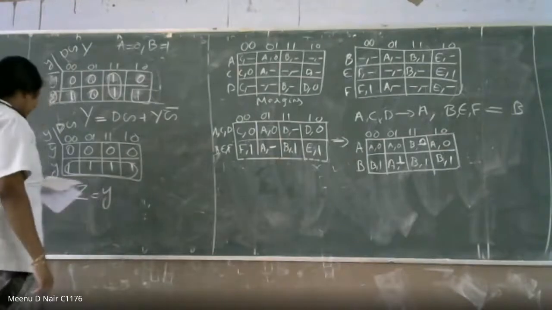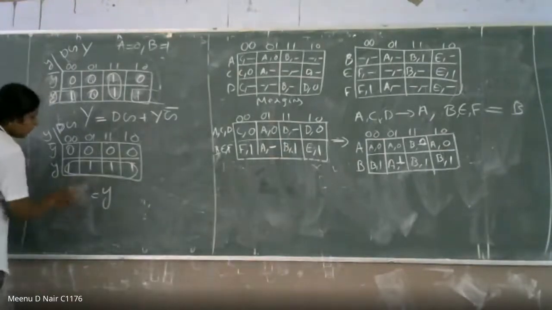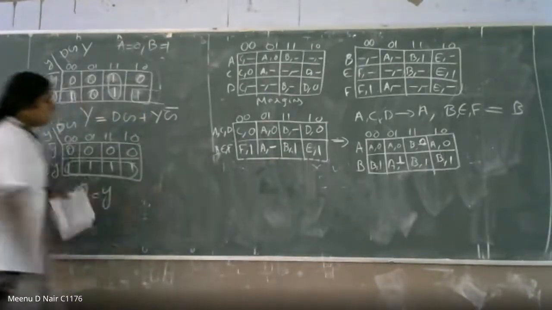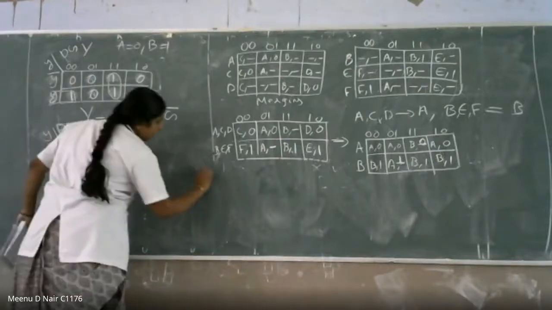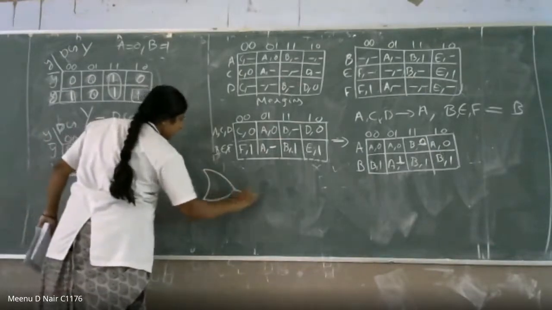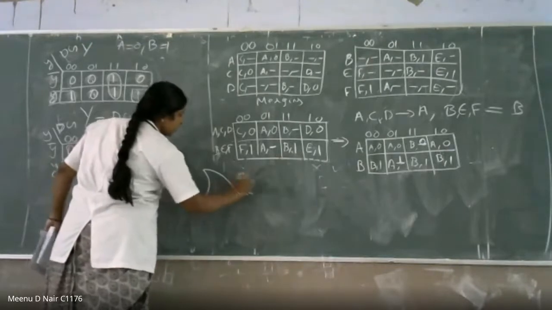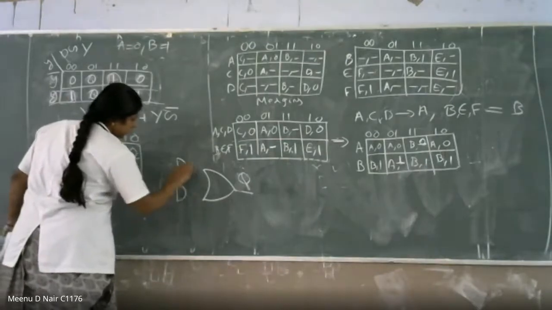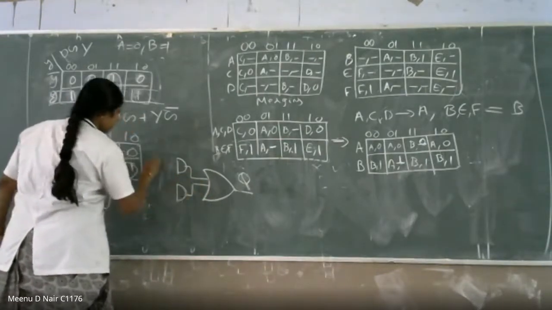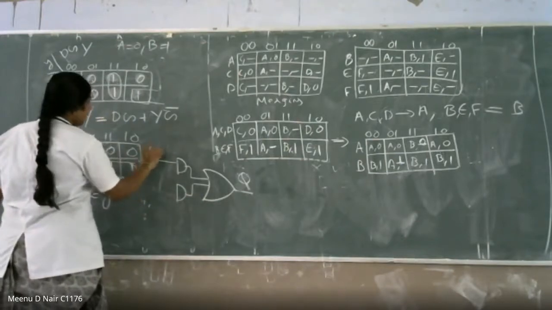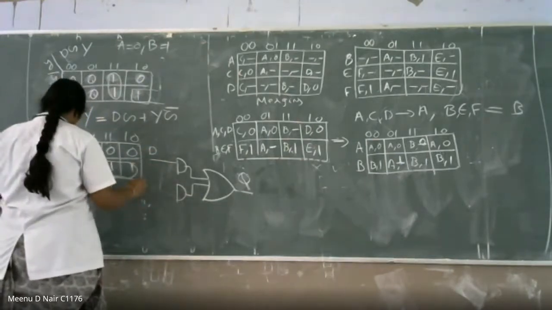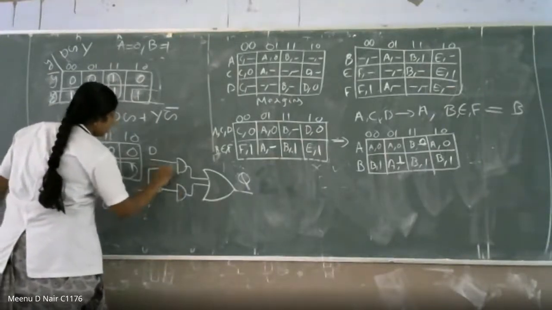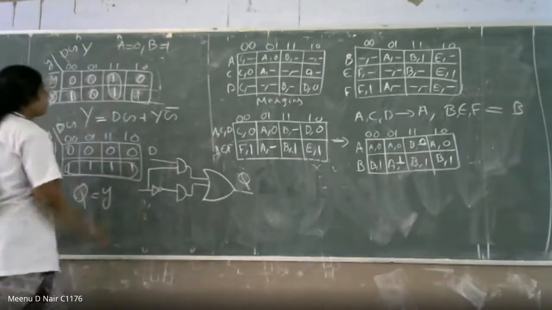So how are you going to draw the circuit? Instead of Z, you can put it as Q. Q is equal to y. We can draw the circuit. The circuit diagram will be, this is capital Y, this is Q. This is D. Here you can put DG bar, DG bar, and this is Y, right?